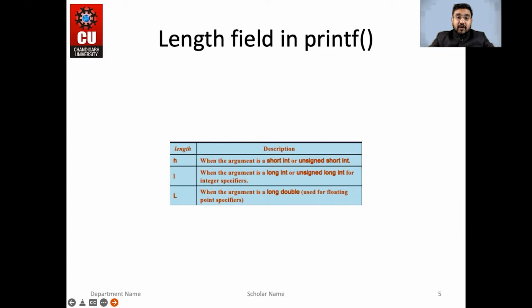In case you are using long int, you'll specify small l in the control string. And in case you are making use of long double, we'll use capital L in order to specify the use of the modifier along with the data type.